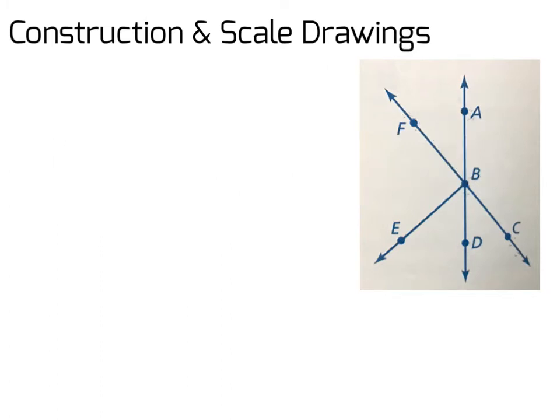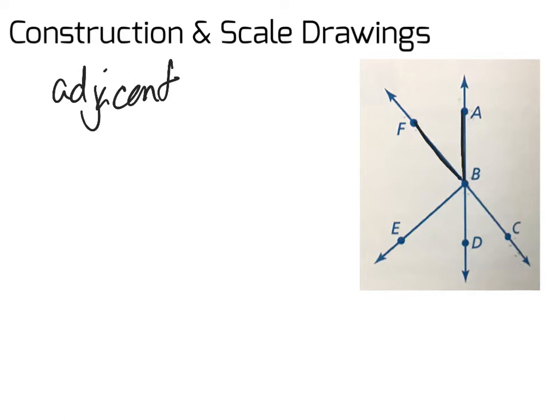This chapter may ask you to name a pair of adjacent angles. So I'm going to look at this picture and name a pair of adjacent angles. I'm going to start with this one that I was just talking about.